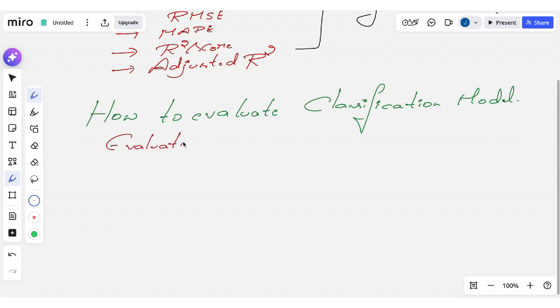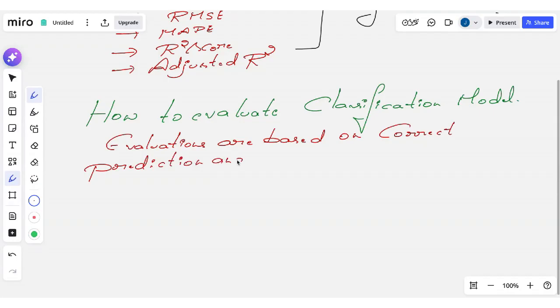So evaluations are based on correct predictions and wrong predictions. Or you can also call them correct classifications or wrong classifications. One and the same, prediction, classification, one and the same.